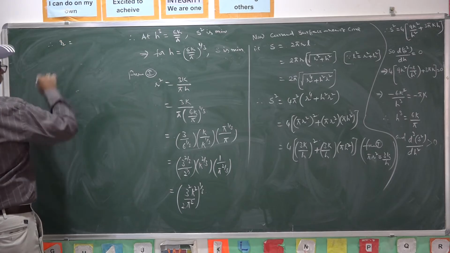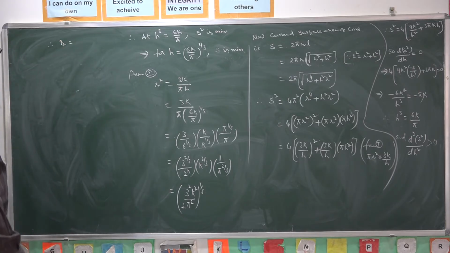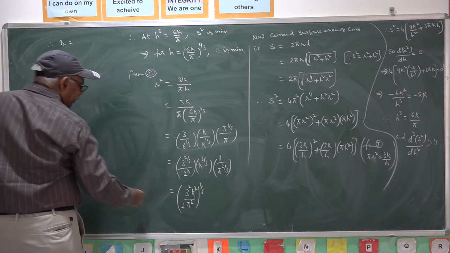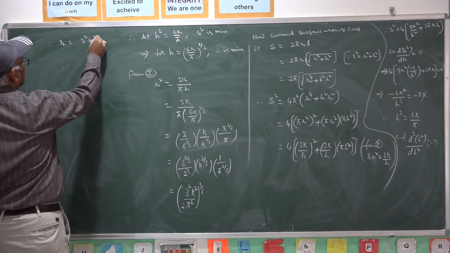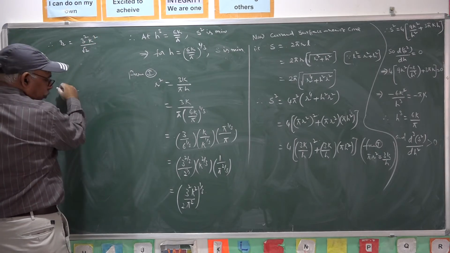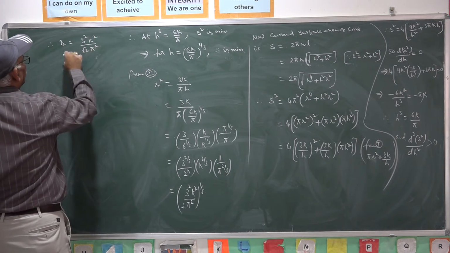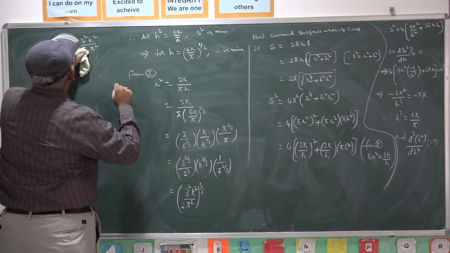So the r value, r equal to whole power 1 by 2, means 3 square k square root 2 pi square root 2 square.